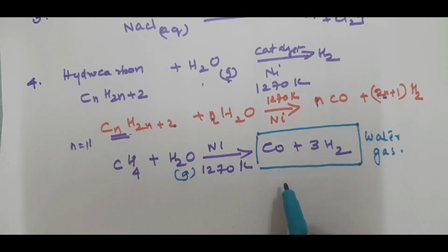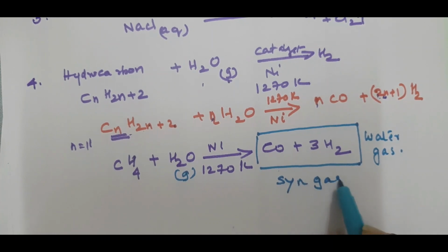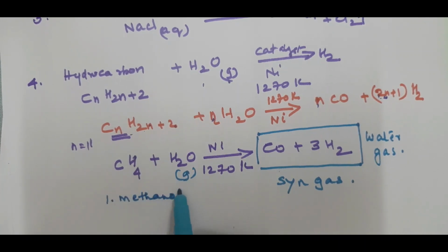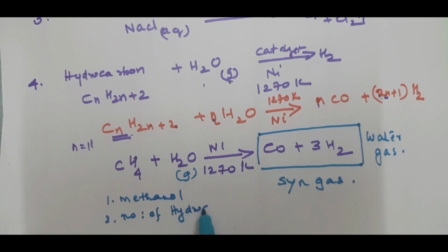This water gas is also called syngas. Why? Syngas is nothing but synthesis gas. Why is this mixture of carbon monoxide and hydrogen called syngas? Because syngas means synthesis gas, because this mixture of carbon monoxide and hydrogen is used in the synthesis of methanol and a number of hydrocarbons.